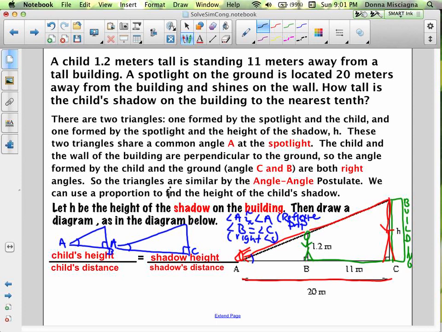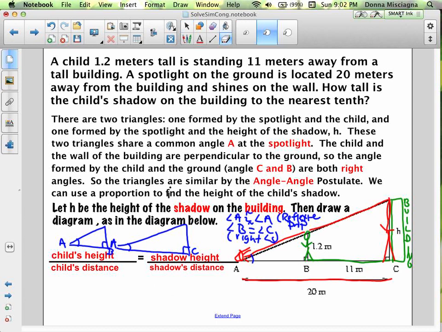And I will tell you, 11 is not used in this problem. It's important, but it's not used in the problem. That would be the distance from wherever the child is to the building. Not a side in a triangle. So not being used.